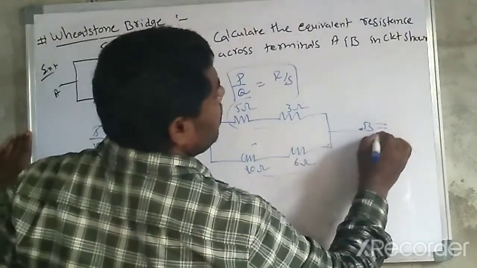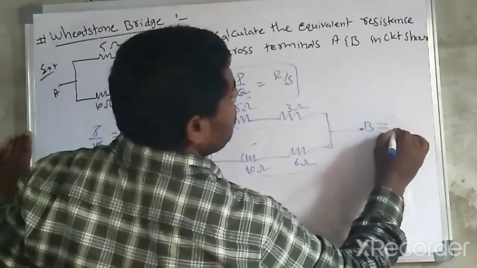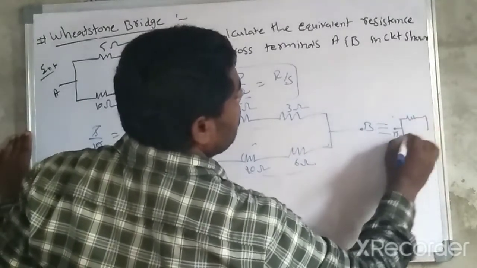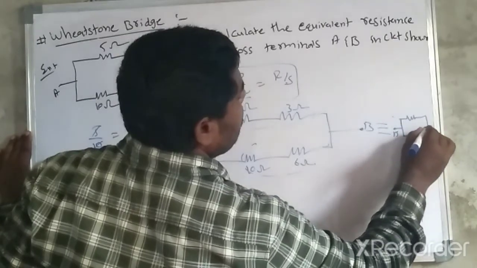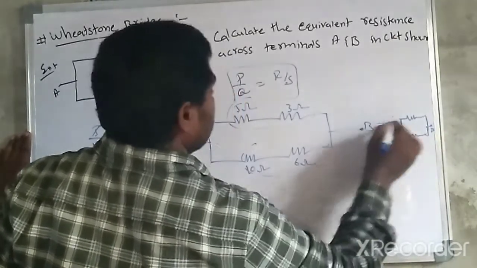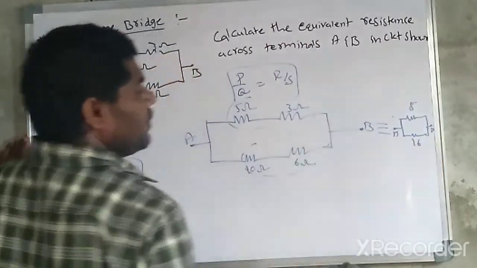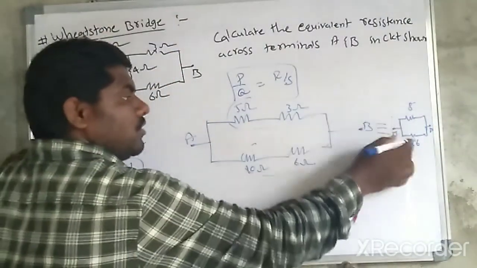Finally, this point is A and this is B. Here the series gives 8 and here 16. Now these two are parallel.